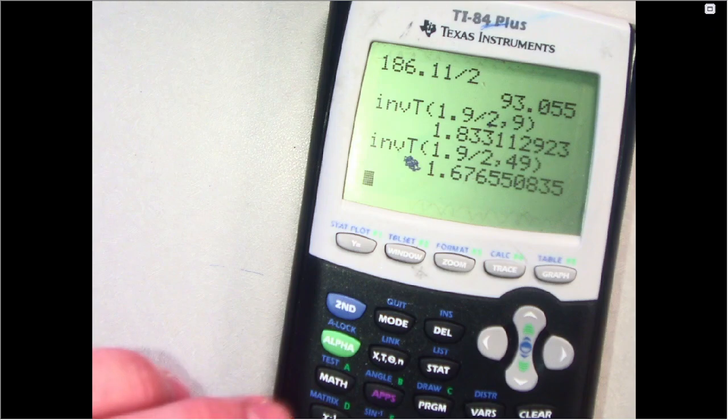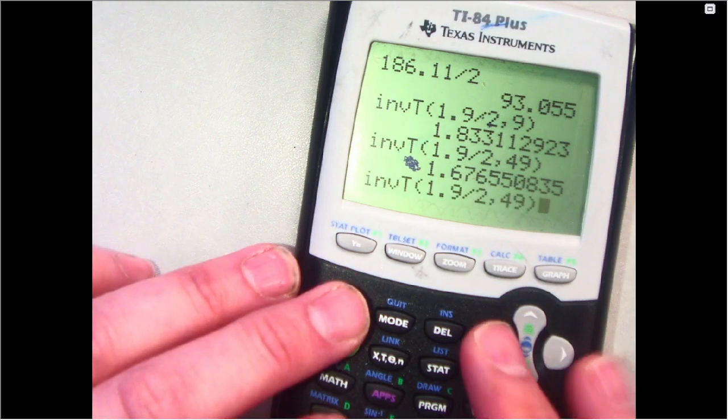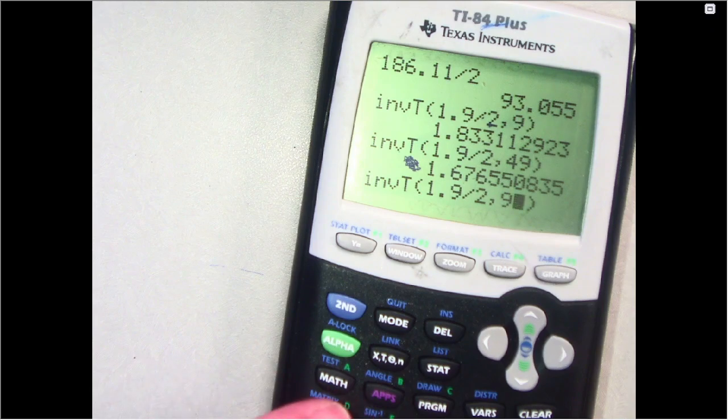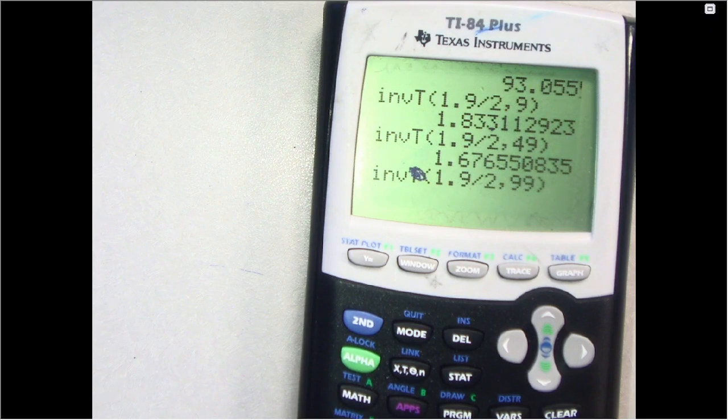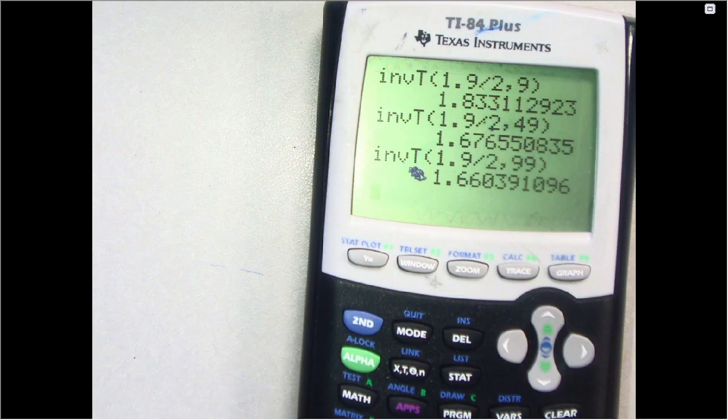And then do it again with 100. Just change your degrees of freedom to 99. Or you can just say second enter and it'll do instant replay. So that's 1.66.